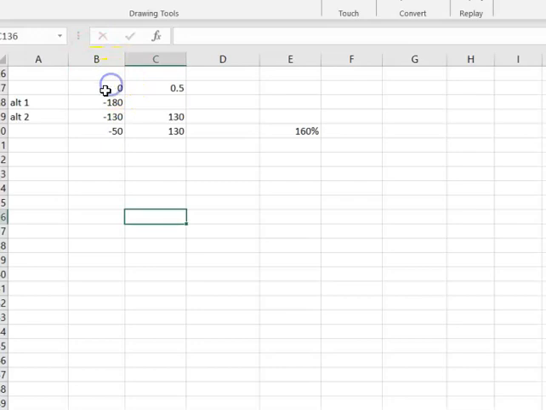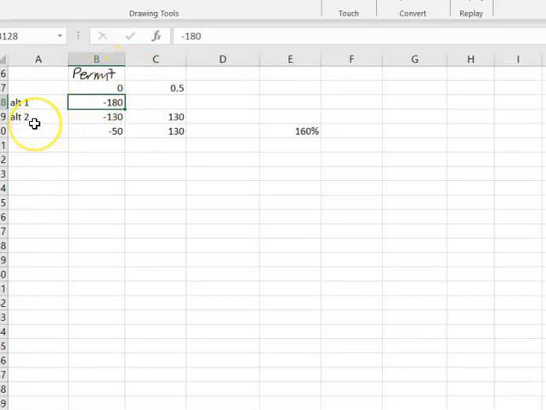Here is the answer: the cash flow at time 0, now, and after 6 months. For alternative 1, you are paying $180 and you get a permit.